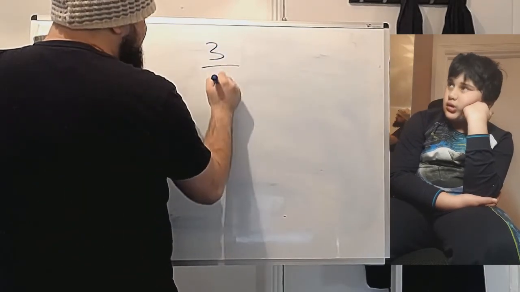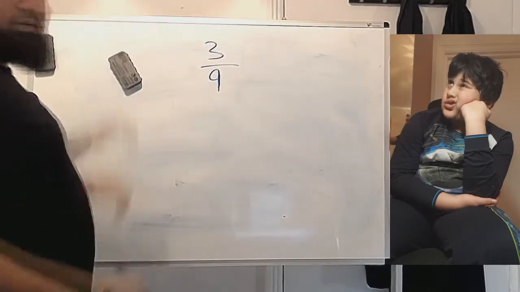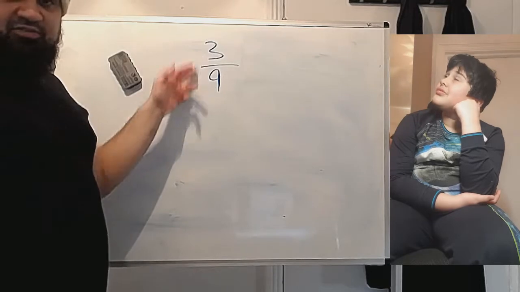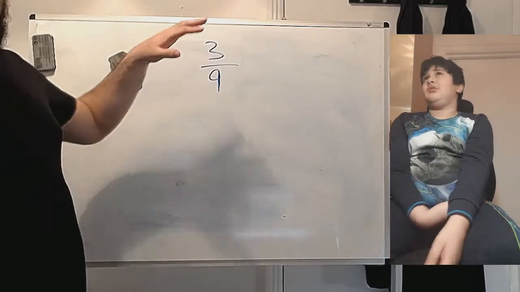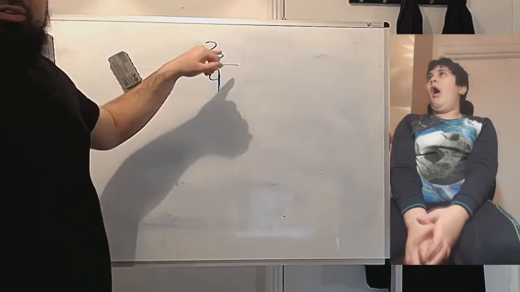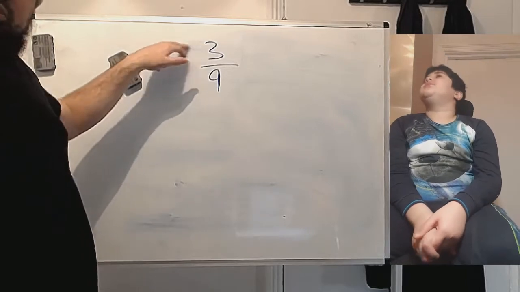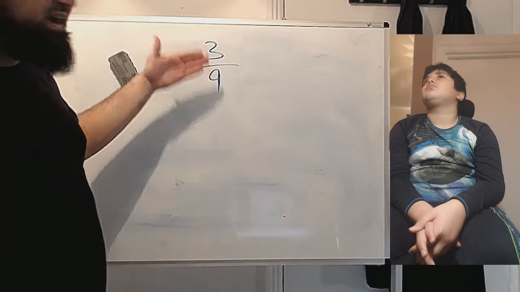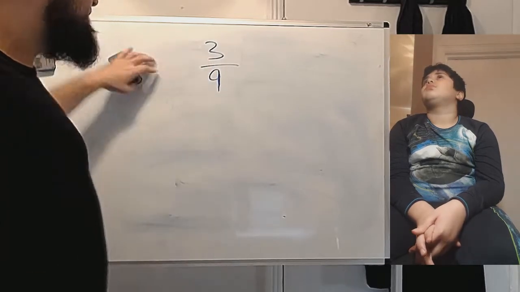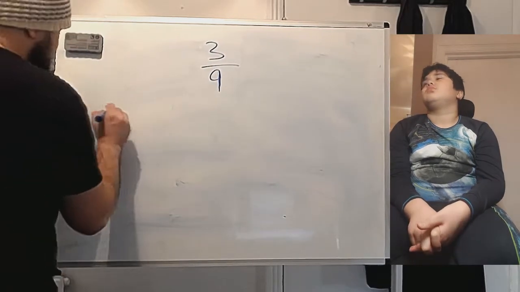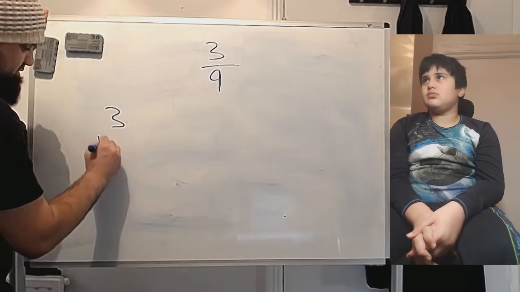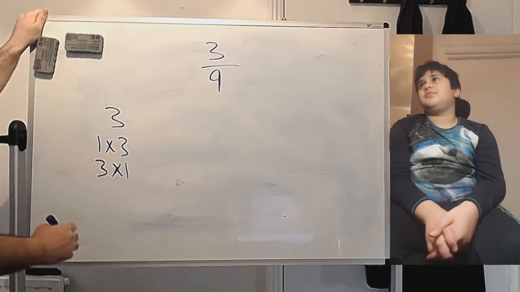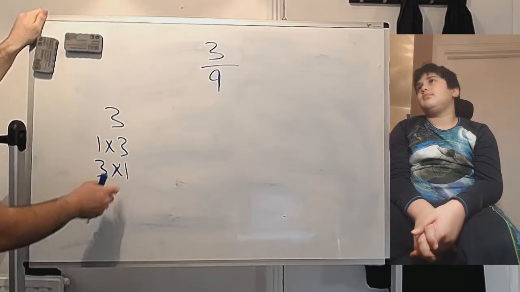What is 3 over 9 simplified? Well, let's do the factors of 3 and 9. Remember, in order to simplify a fraction, we need to look for the highest common factor between the numerator and the denominator. In order to find out the highest common factor between the two, we must know what the actual factors are. So the factors of 3 are 1 times 3 and 3 times 1. So the factors are 1 and 3.